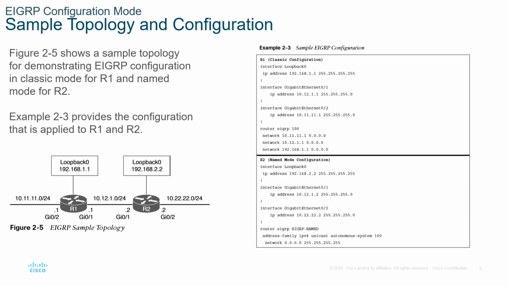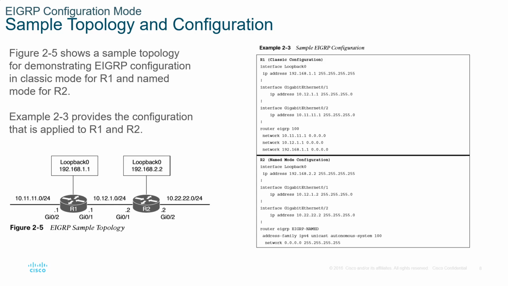In router 2, they've opted to go through the named mode configuration. So as you can see here, router EIGRP and then the name. And again, convention says for names we use uppercase.